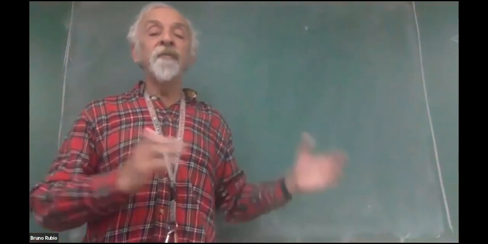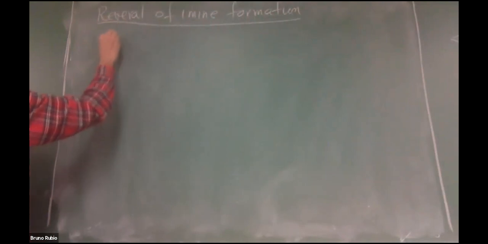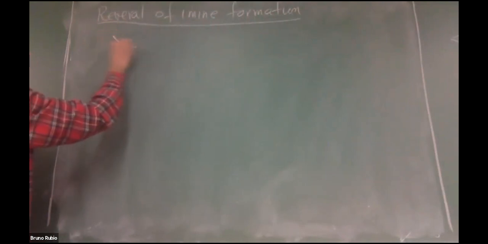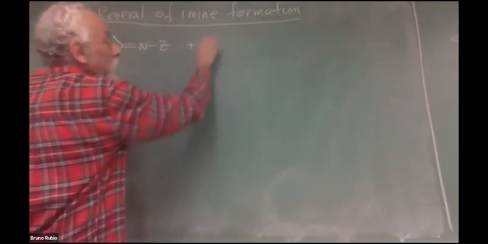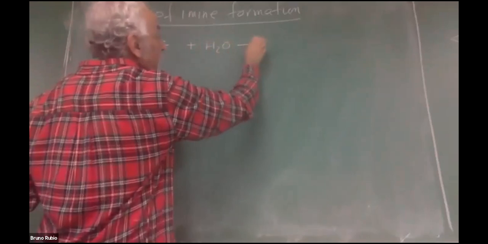Now, let's talk about the mechanism for the reversal of the formation of the imine. So what is going to happen here is we start with an imine, add water, add acid.